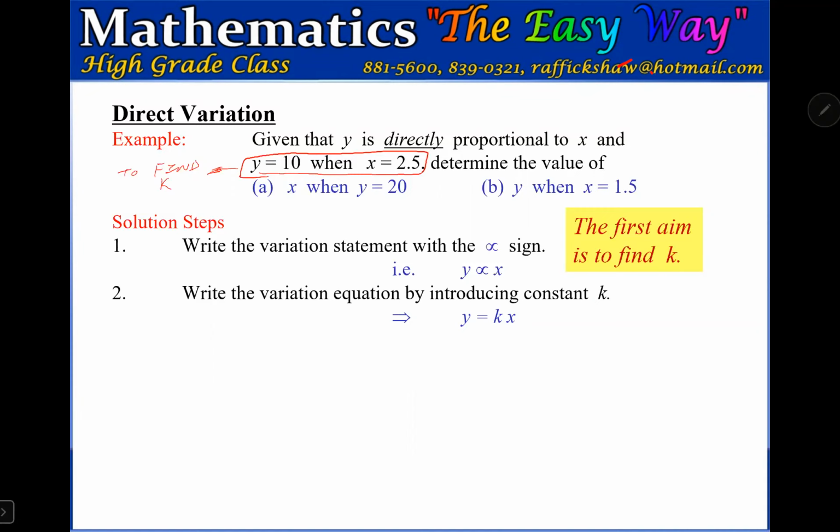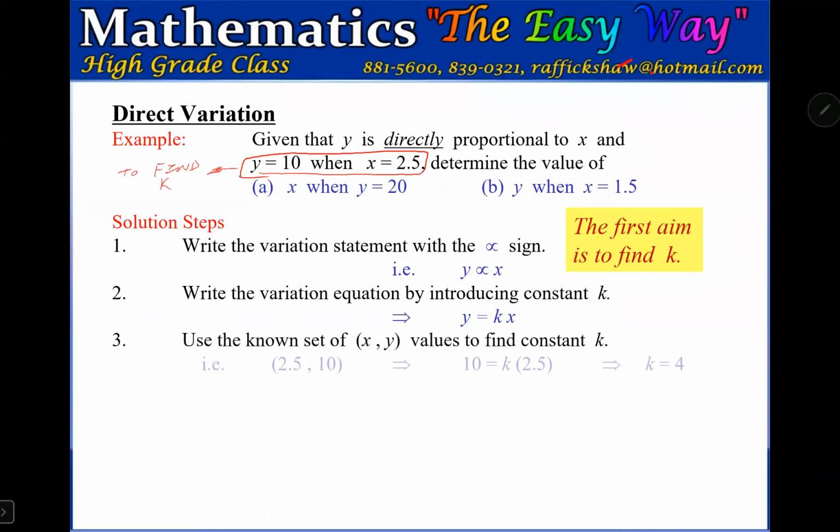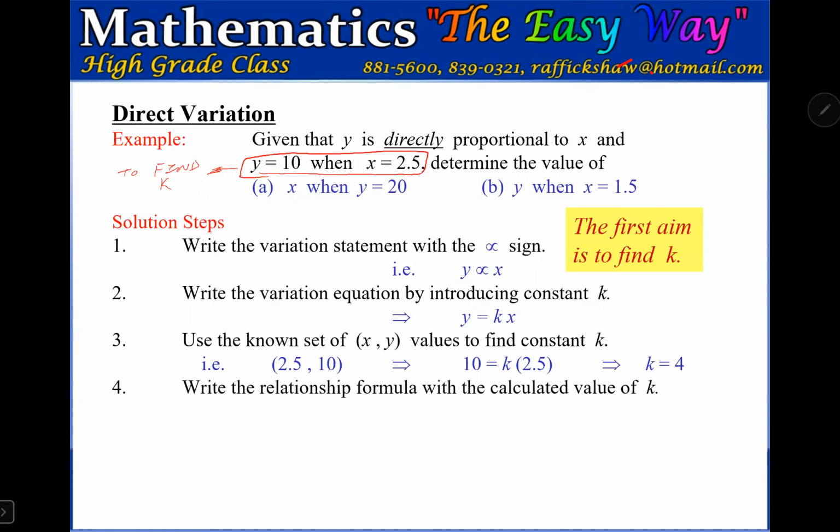All right. And what you do next now is that you use the known values that they gave us. The y equals 10 and x equals 2.5 up the top there to find the k. So you put them in this formula right here, and that is for you to find the k.